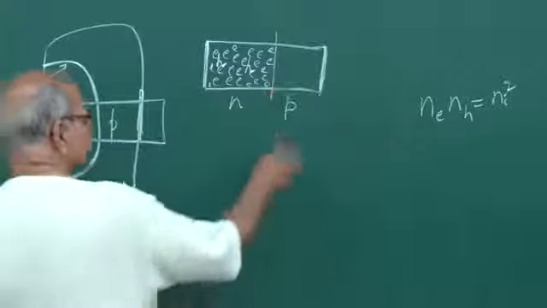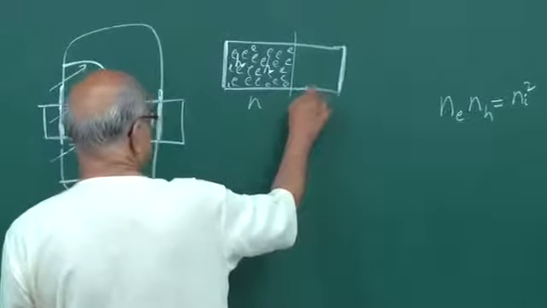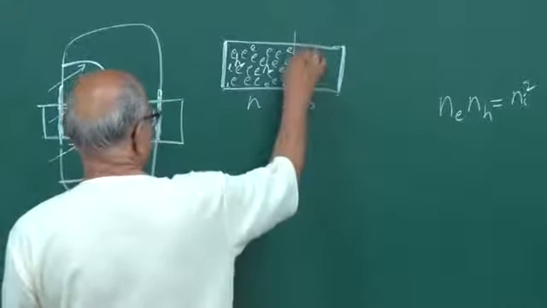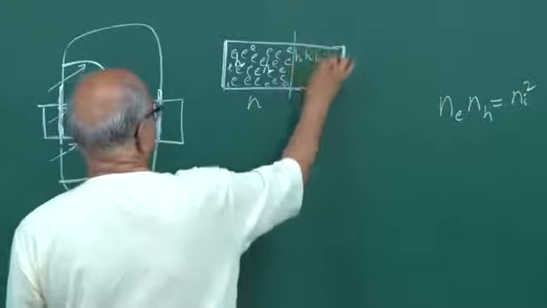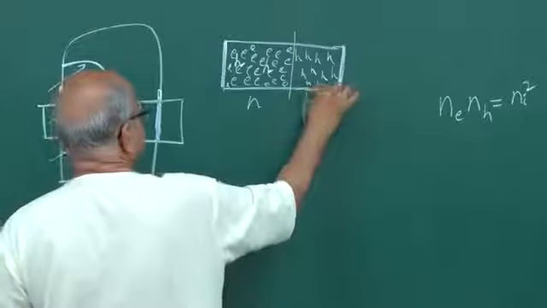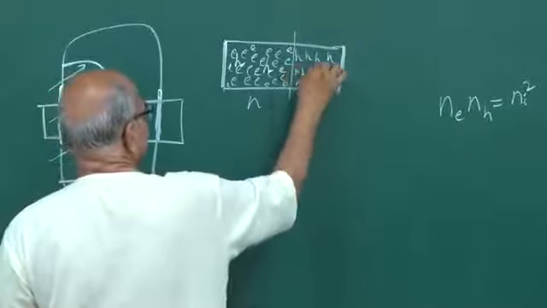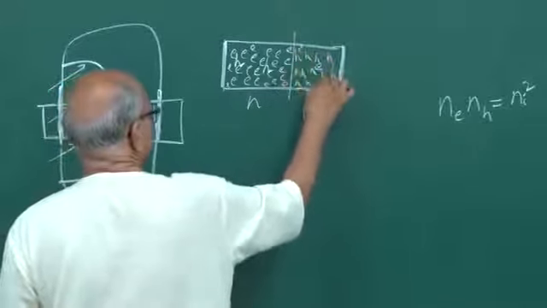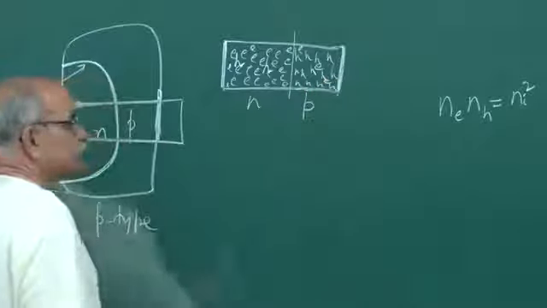And similarly, on this p side, this is p type semiconductor here. So, you have large number of holes here, and then some electrons in between.